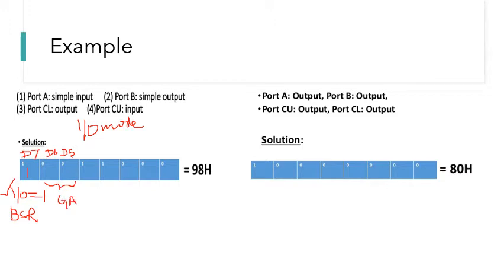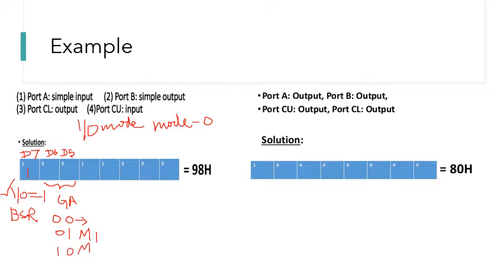Assume we operate the 8255 in mode 0. For mode 0, we write 0, 0. If we write 0, 1, it is mode 1. If it is 1, 0, it is mode 2.